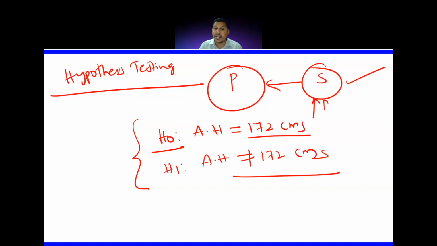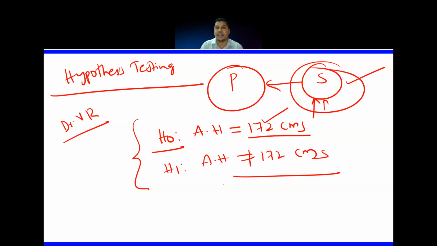Now, when I make a statement like this, I have to test whether the claim is really valid. I am a faculty here at NIT. I made a claim. I am claiming that the average height of the students of NIT is 172 centimeters based on the sample data.